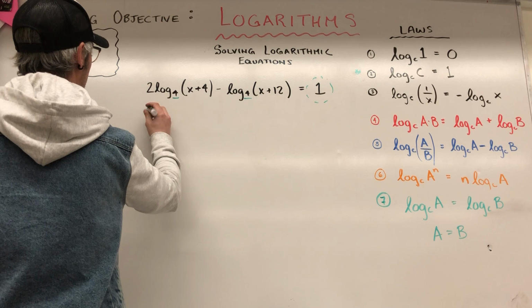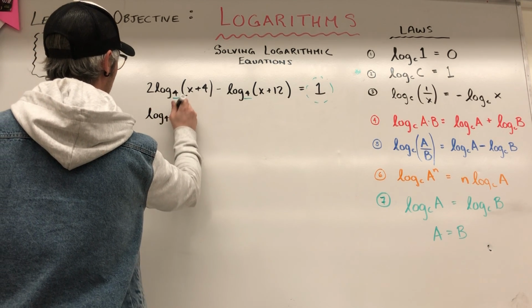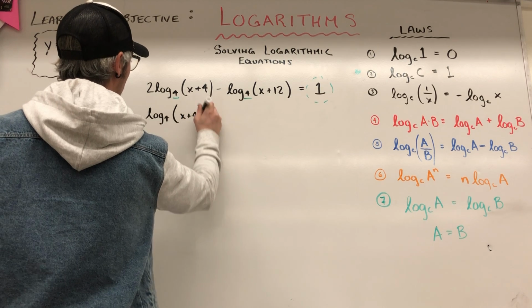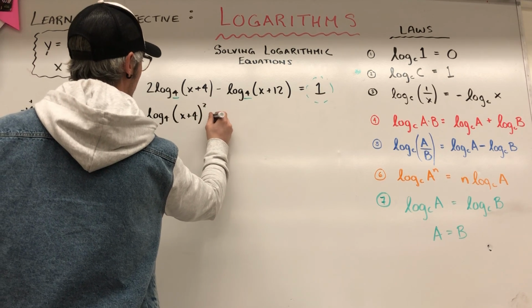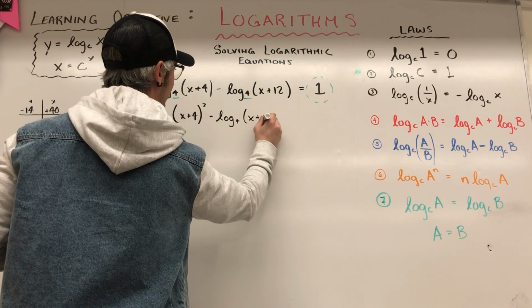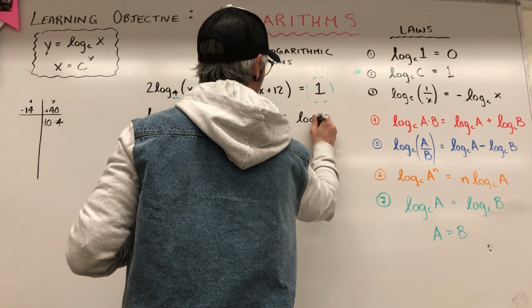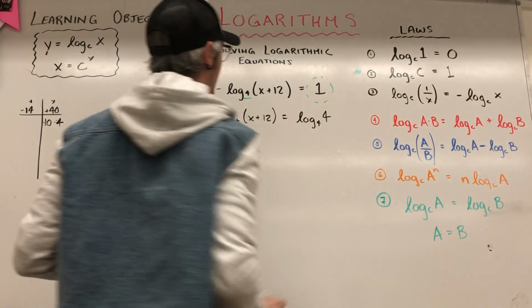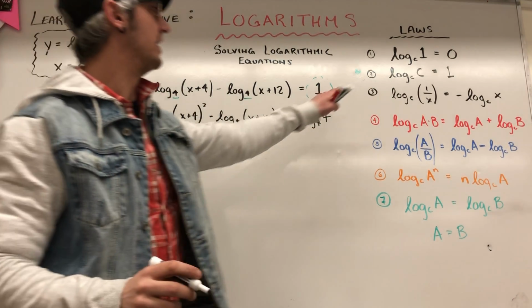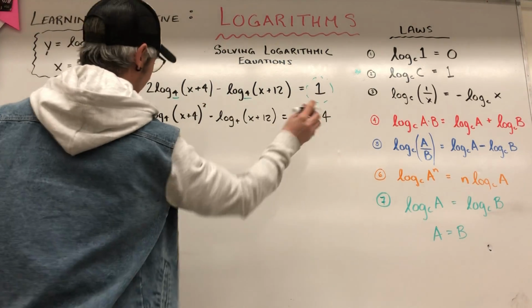So log base 4 of x plus 4 squared minus log base 4 of x plus 12. And then you know what? I'm going to replace this 1 with log base 4 of 4, because that's what I can do using this law here. And now I have the same base, which is going to come in handy.